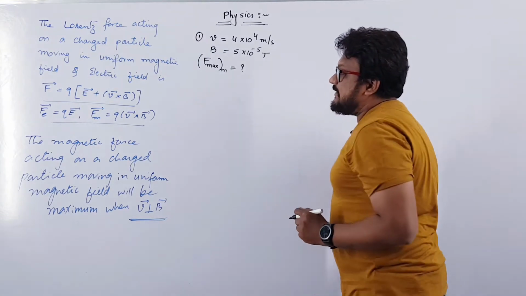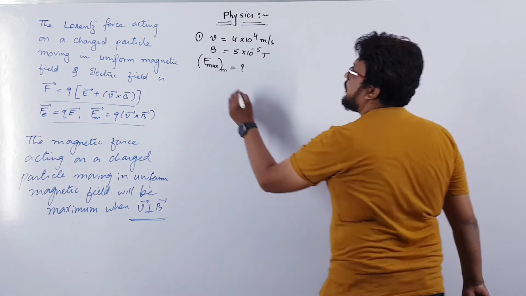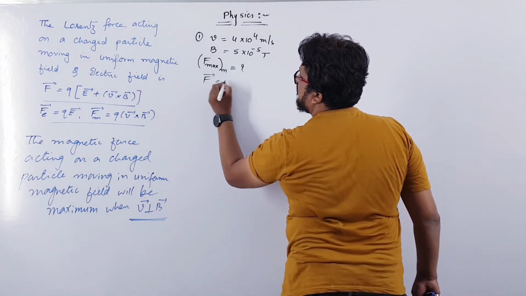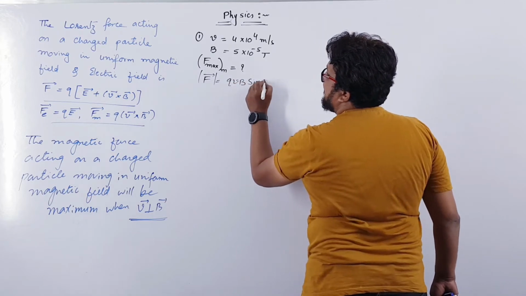As we have seen, the force will be maximum if V is perpendicular to B. The formula for magnetic force in magnitude is F equal to QVB sin theta.